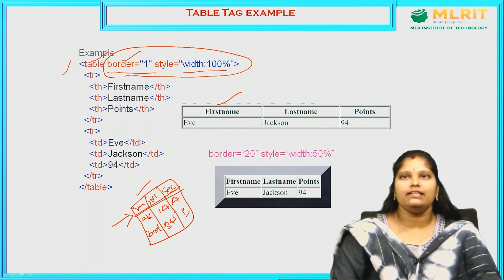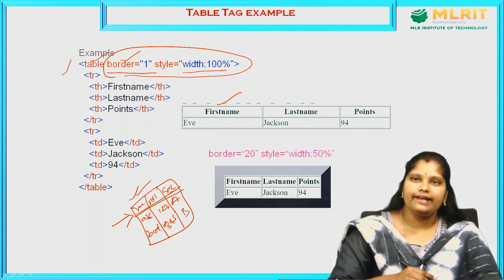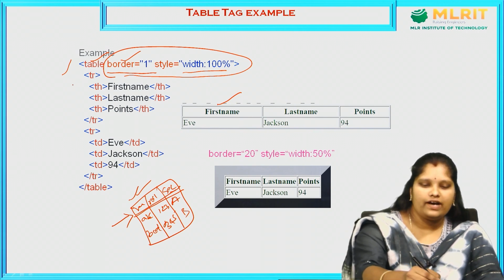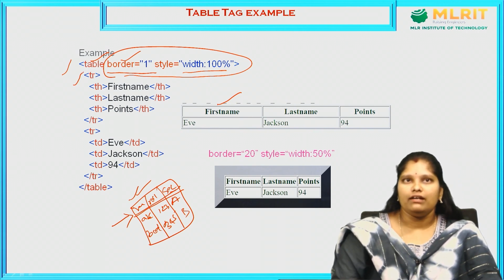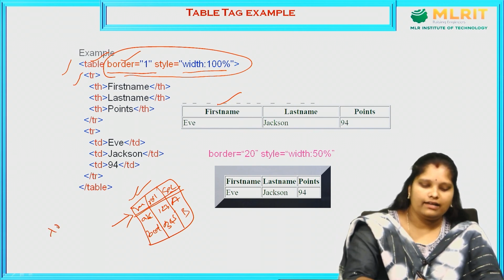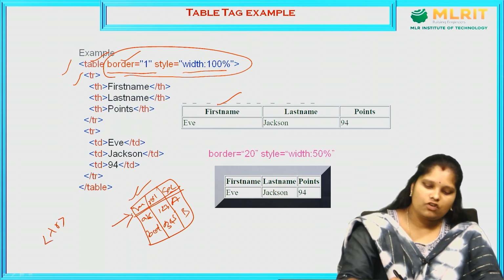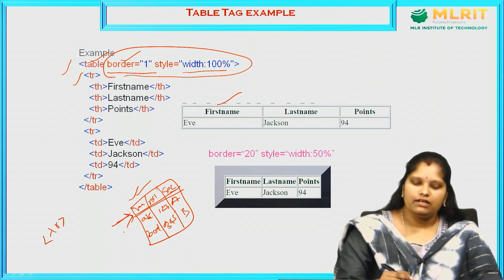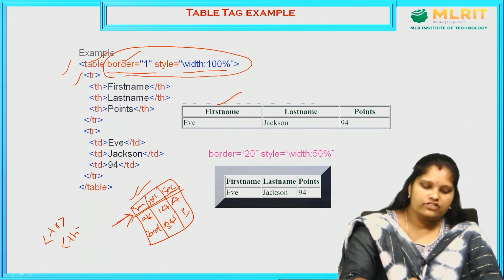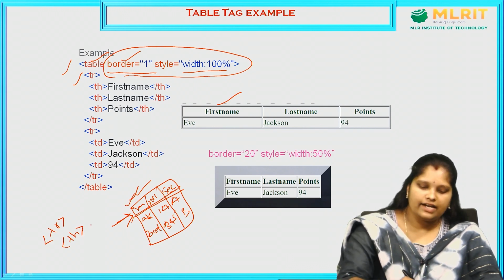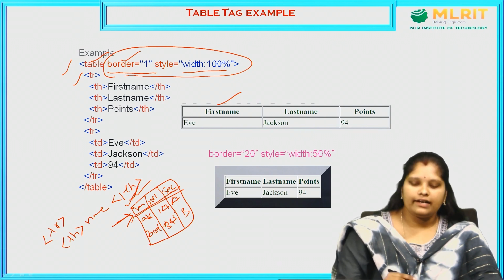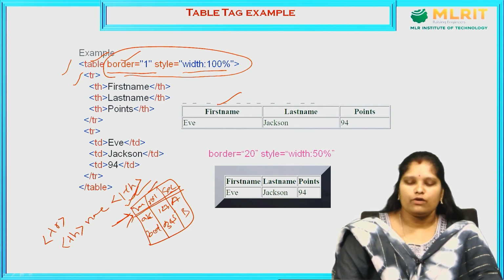I want to insert this first row, that is the heading row, right? So, first, the row starts with the tr tag. Next, these all are my headings of the table, right? So, then th as the heading. What is the first heading? Name. Next, close the th tag, right? After that, next heading is roll number.